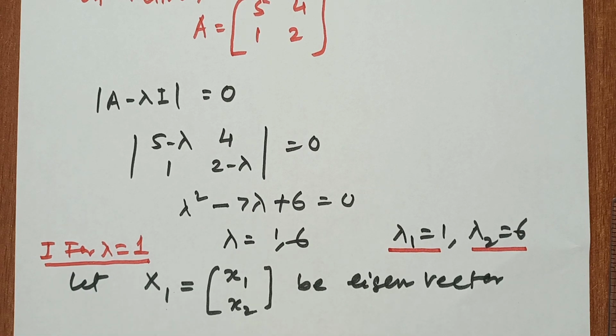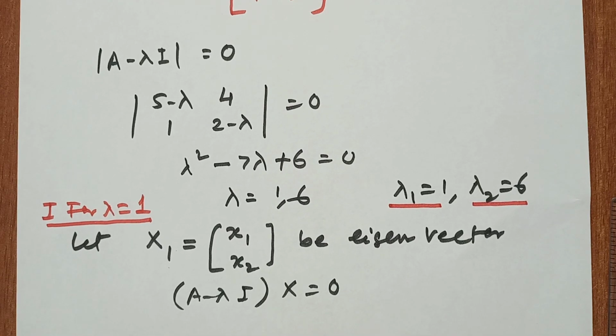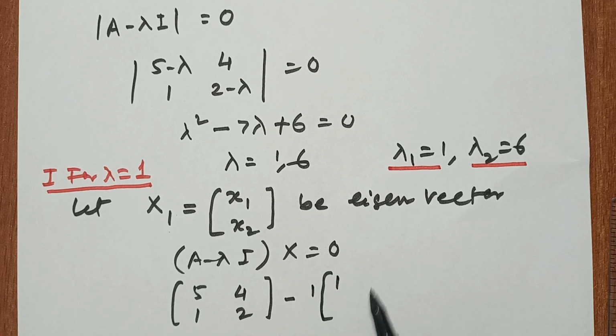We have (A minus lambda I) x equal to 0, and we will calculate by this equation. What is A? A is 5 4 1 2 minus lambda, which is 1, times I, which is 1 0 0 1.